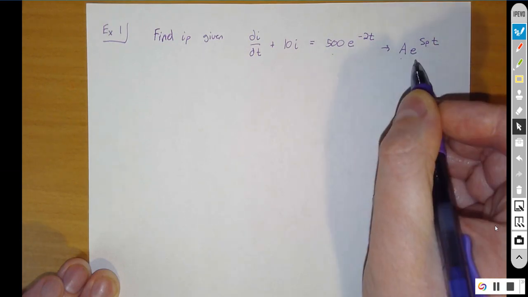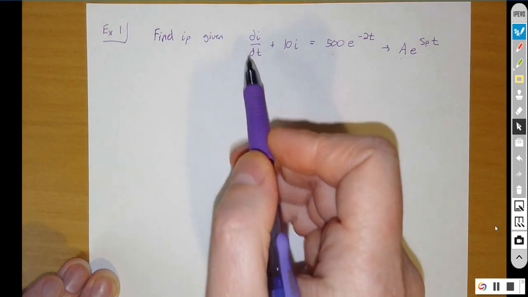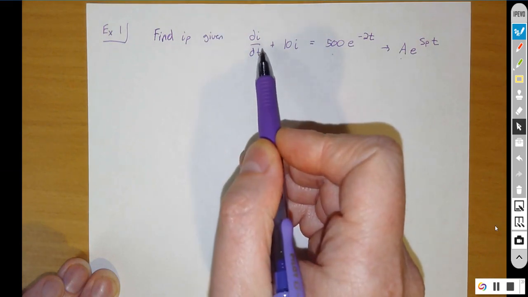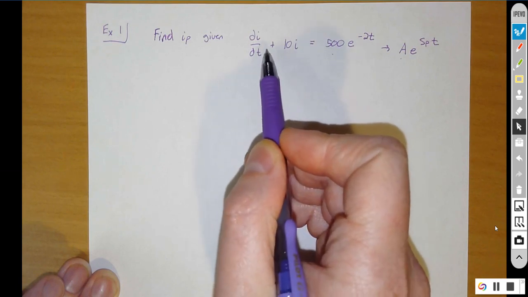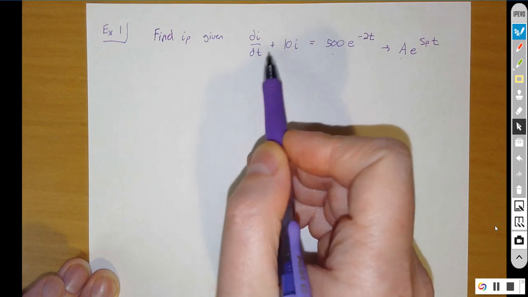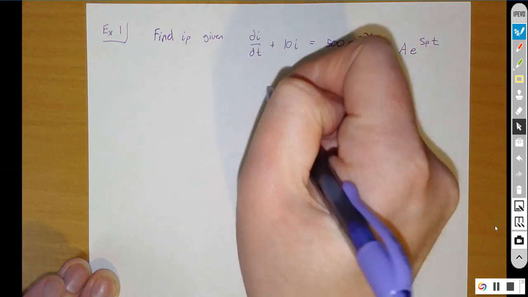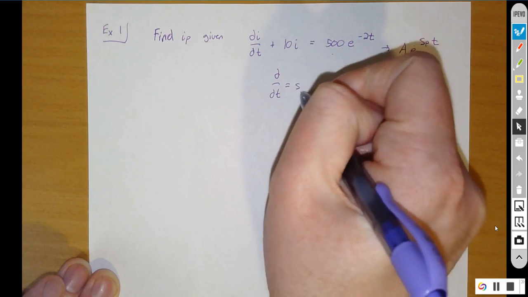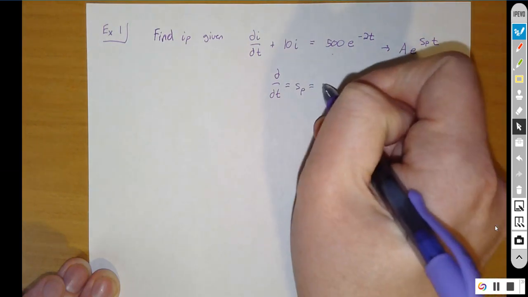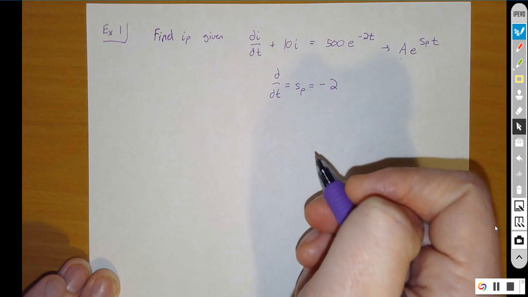This is important because, just like when we found s1, the rate of decay, we can find the particular response with a similar method of substitution. We're going to say that d/dt is equal to s_p, which in this case is negative 2.